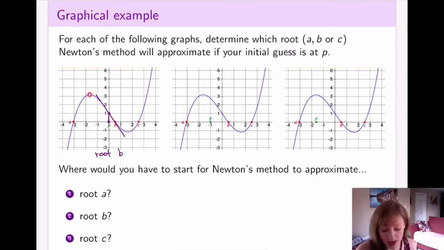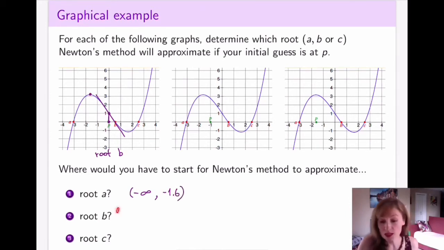But once I'm past this hump, this peak, my tangent lines will now start pointing to the other side, and I will be approximating some other roots. So for the first part here, it looks like past this point is where the tangent lines will diverge from a. So to approximate root a, I have to be somewhere between, let's say, minus infinity and this point right here. So let's call it minus 1.6.